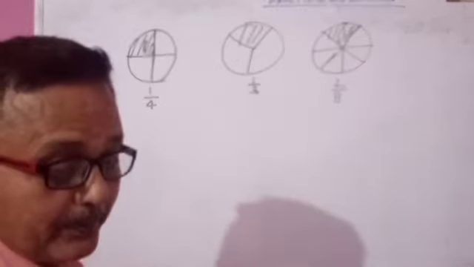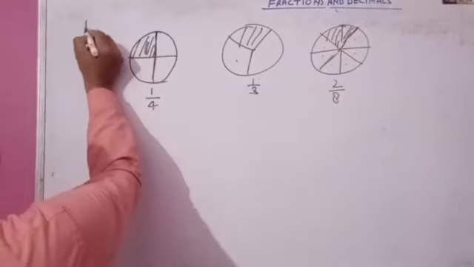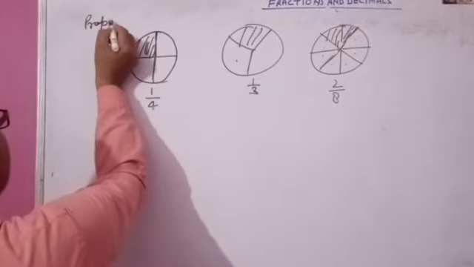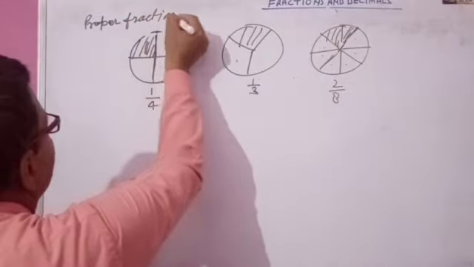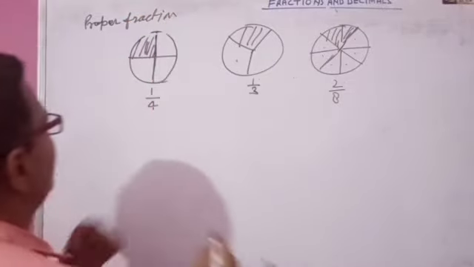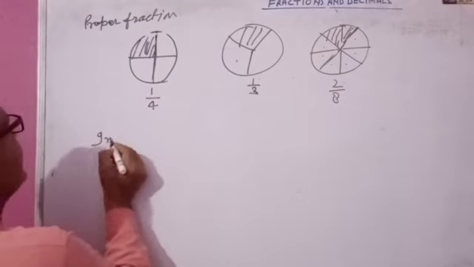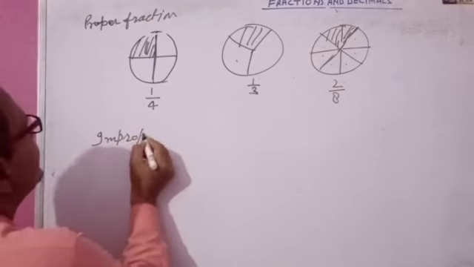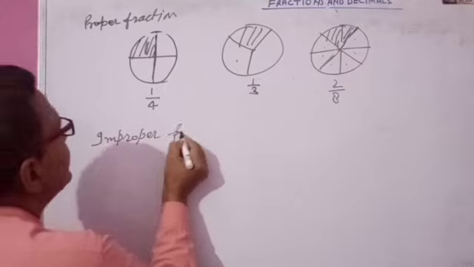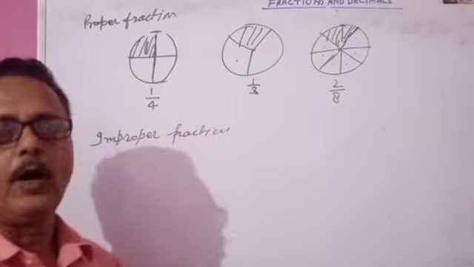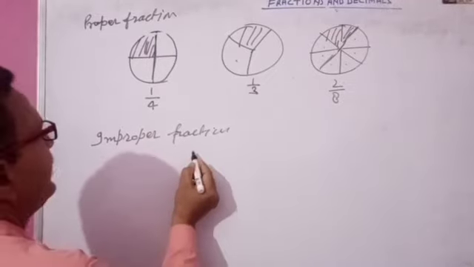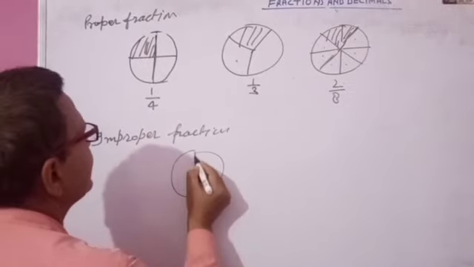And what is an improper fraction? A proper fraction is a part of a whole, and an improper fraction is a combination of a whole and a proper fraction.